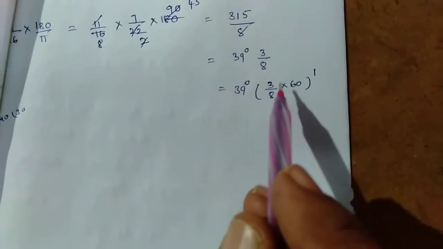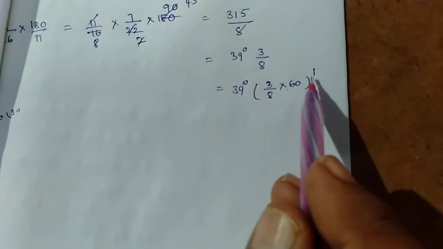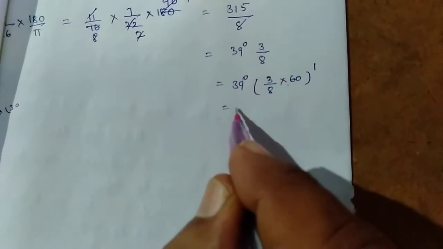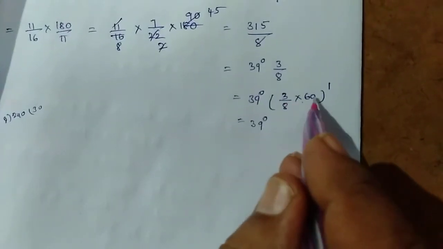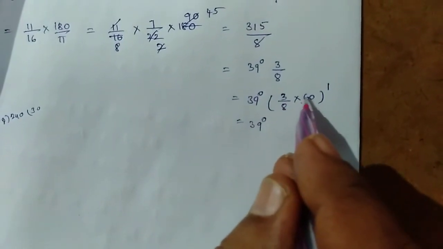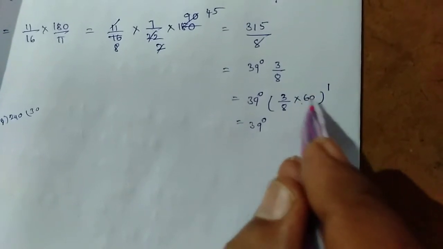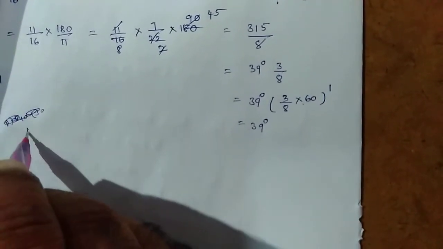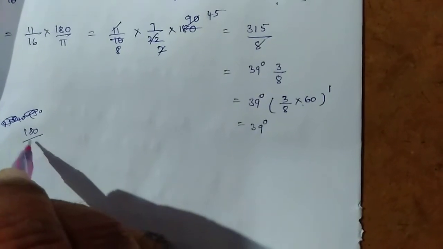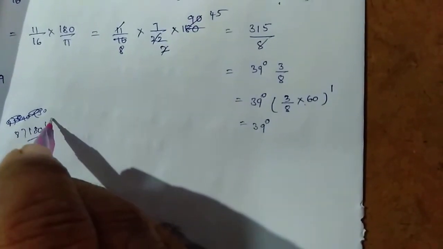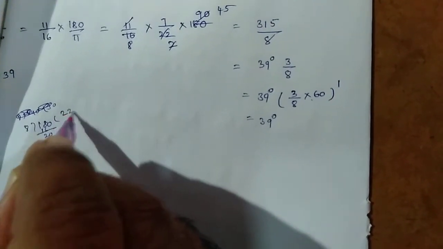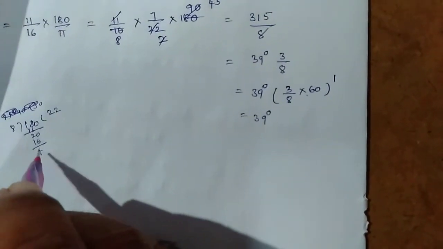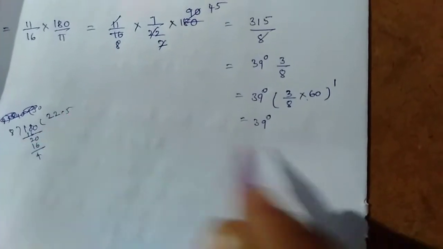39 degrees, 3 by 8 into 60 minutes. That is nothing but 39 degrees, 180 by 8 minutes. So 8 2s are 16, that is 22.5.